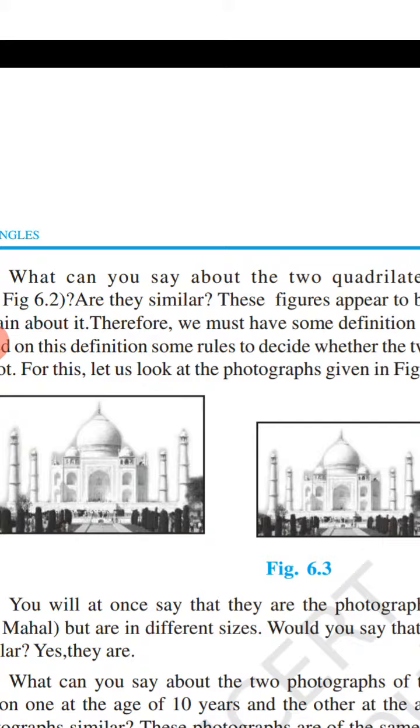The two figures may be of the same size, so they can be similar and they also can be congruent.